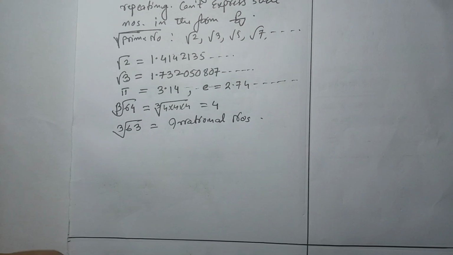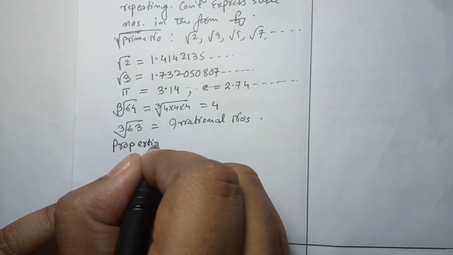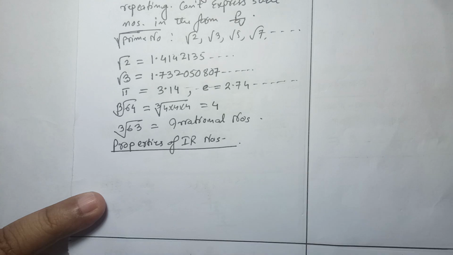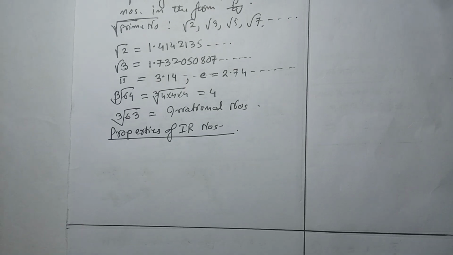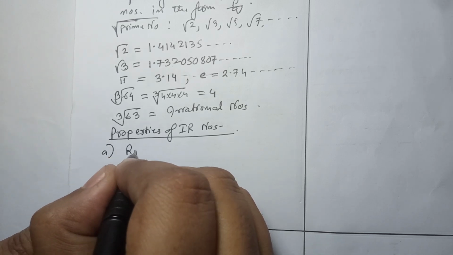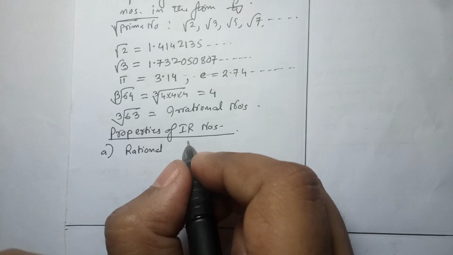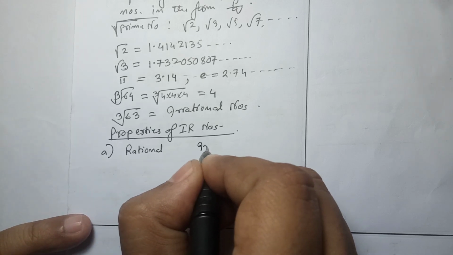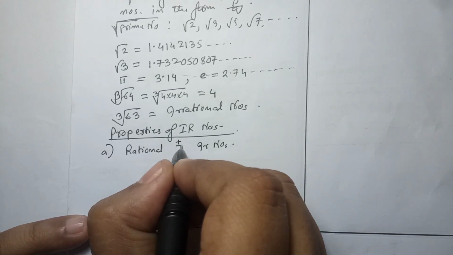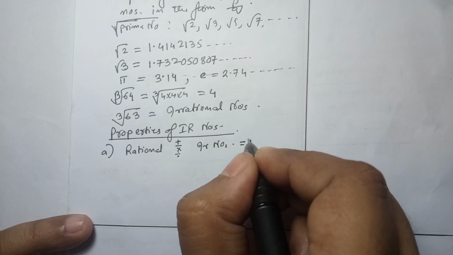Now some properties of irrational numbers. The first property: if we operate a rational number and an irrational number, operate meaning addition, subtraction, multiplication or division, any of the four operations, we will get an irrational number.